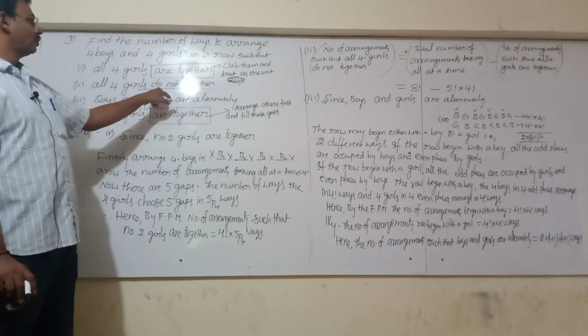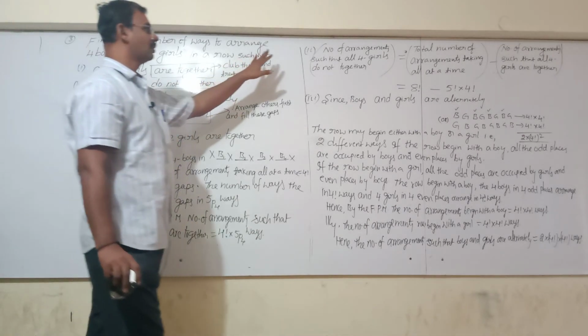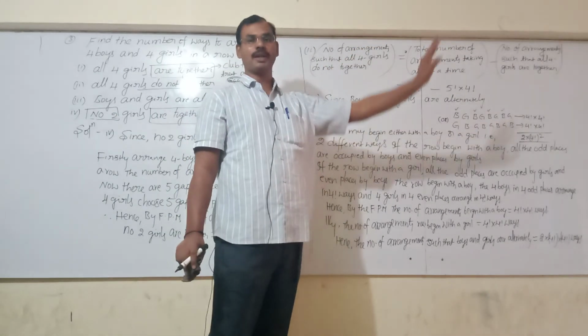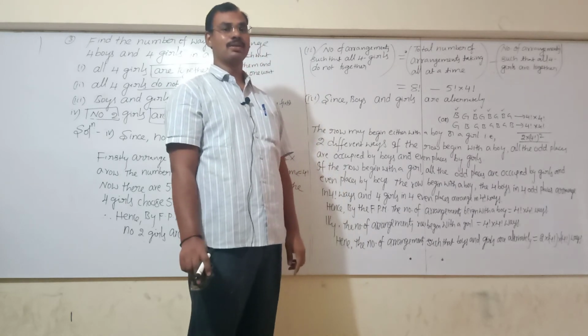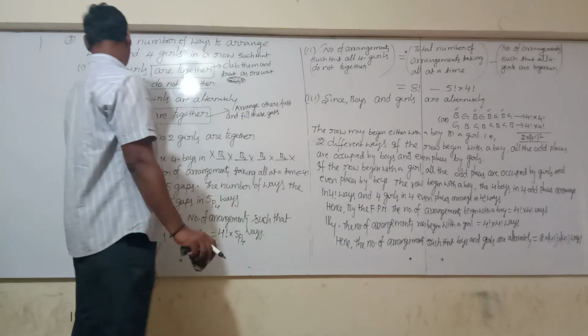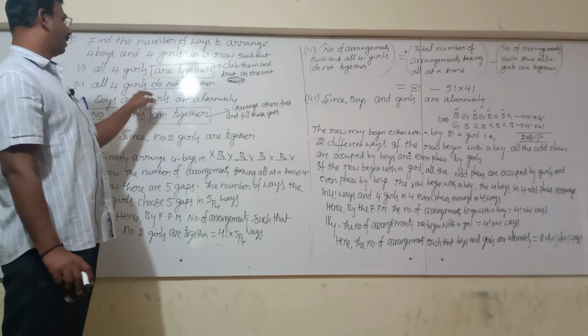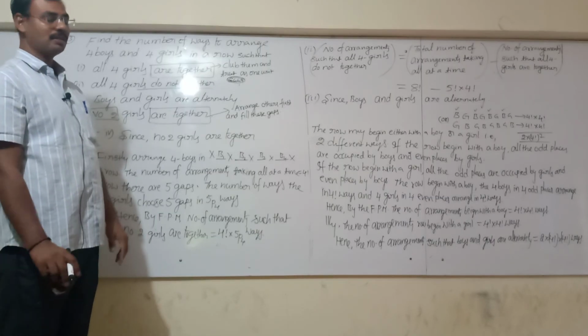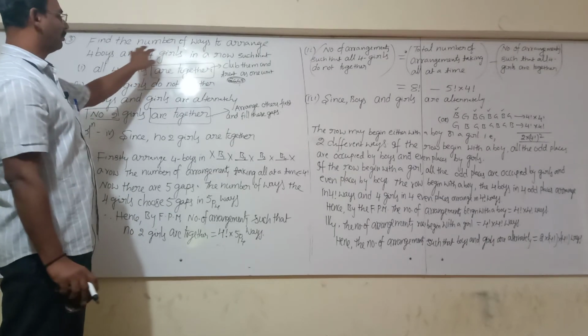All 4 girls not together: not together is equal to total minus all together. Next one: boys and girls sit alternately. In this case, it depends on the number.